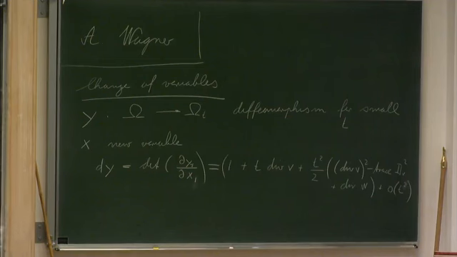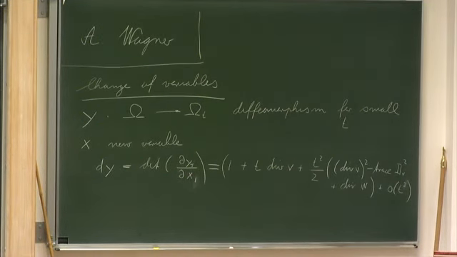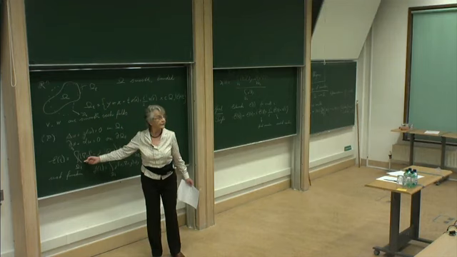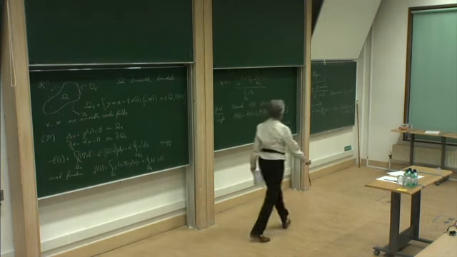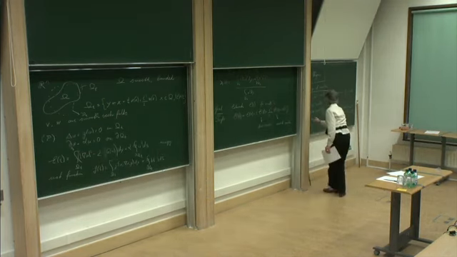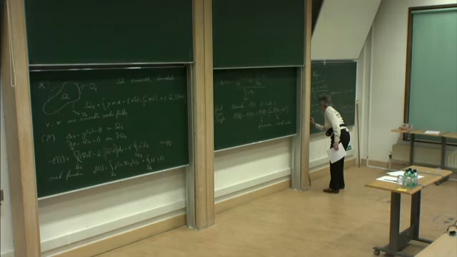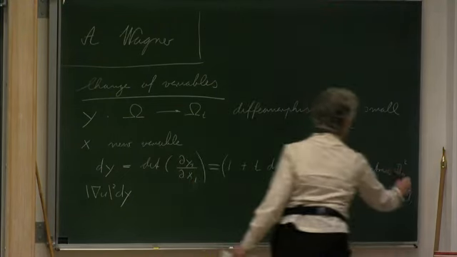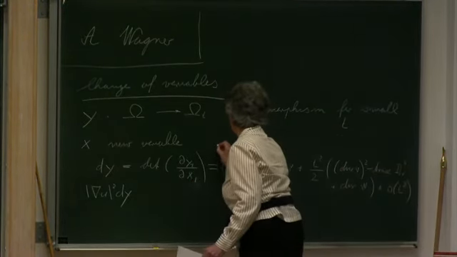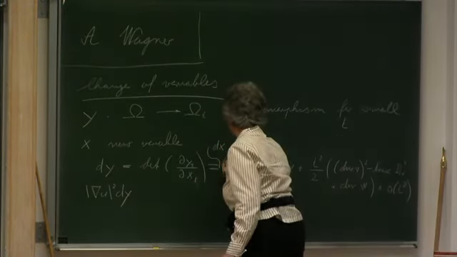Moreover, we have to replace this in the gradient squared of u times dx. I forgot here to write dx.